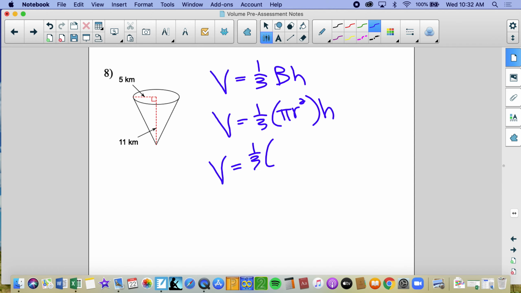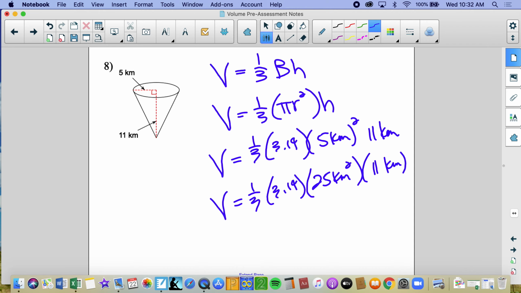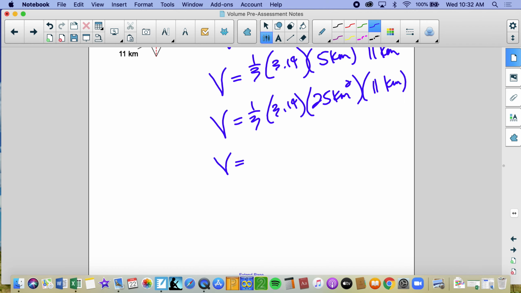We're going to use 3.14 for pi, because my radius is 5 squared times the height, which is again 11 kilometers. 1/3. We're going to square 5 kilometers, and that gives us 25 kilometers squared times 11 kilometers.